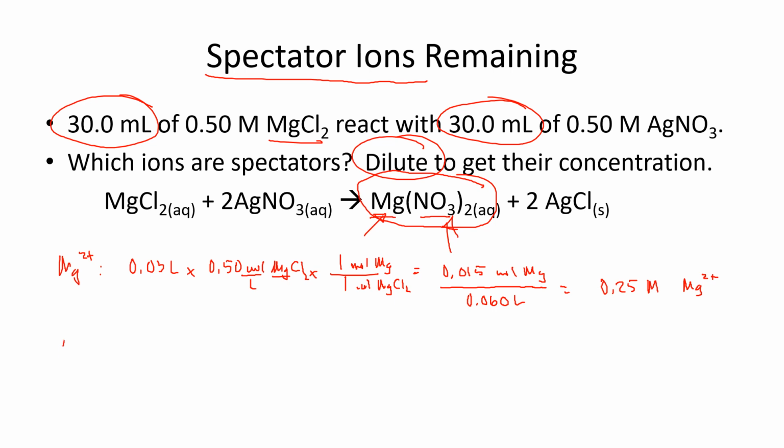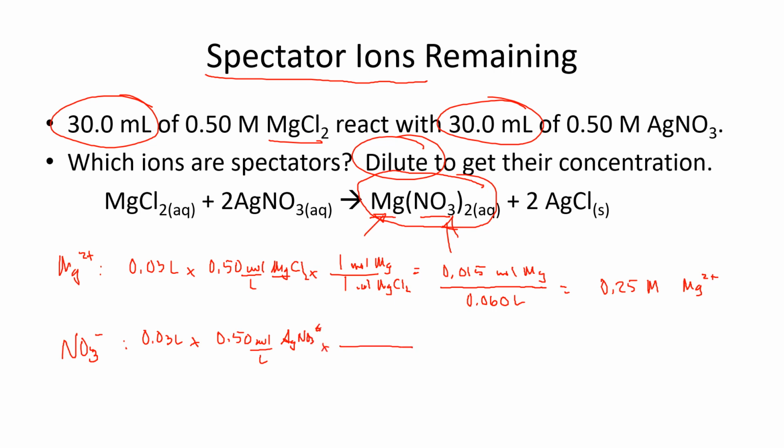Let's have a look at nitrate. I think it's pretty much the same. If you have a look, you've got the same starting volume, the same starting concentration. It's silver nitrate here. I don't know why I put that there.